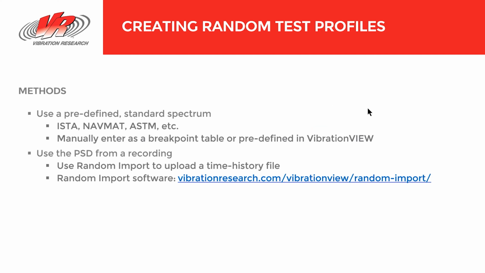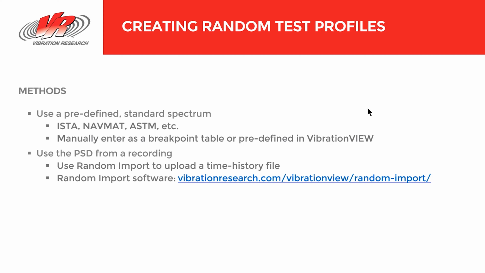We can create a random test profile in several ways. First, we can manually enter the breakpoint table into the software. If we are using a test standard, it will provide the frequency and amplitude values that we need. The Vibration View software includes predefined test profiles for the more general test standards, which does save time.